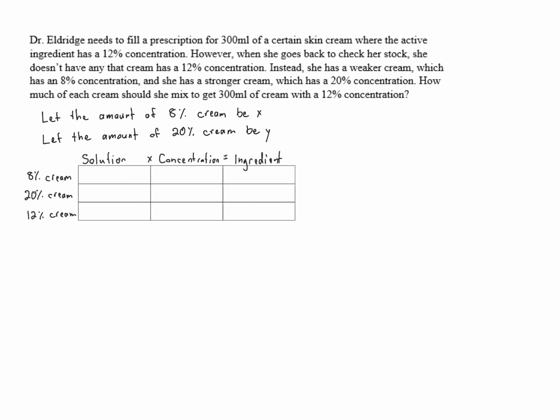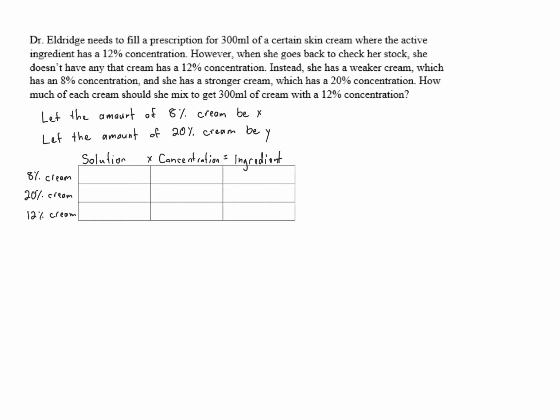Now that we've set up our table, it's time to fill everything in. We'll start with the solution for the 8% cream. How much of the 8% cream will she need to use? We aren't told exactly how much of each cream she needs to use. This is an unknown quantity, and because it's an unknown, we already gave it a label in our let statements.